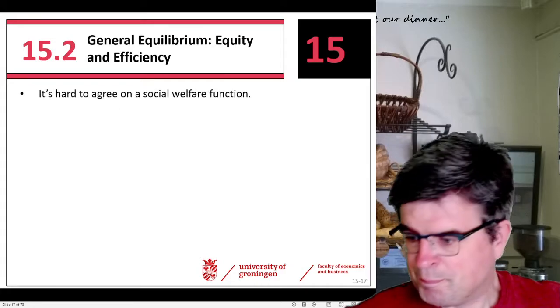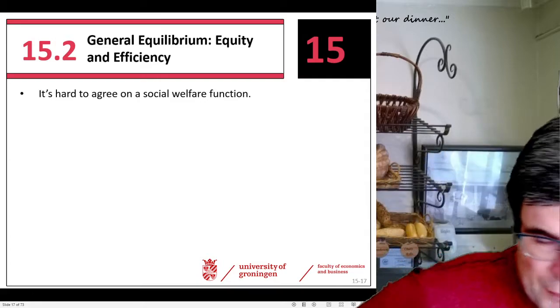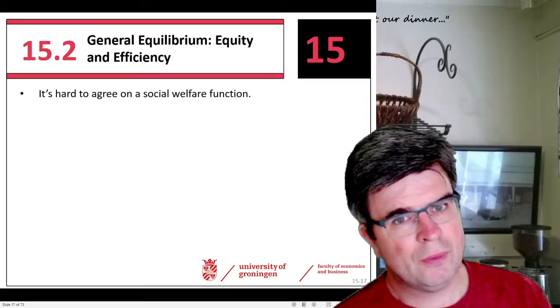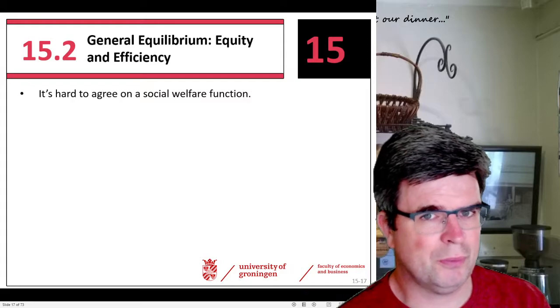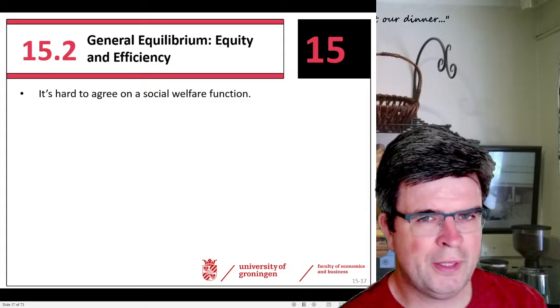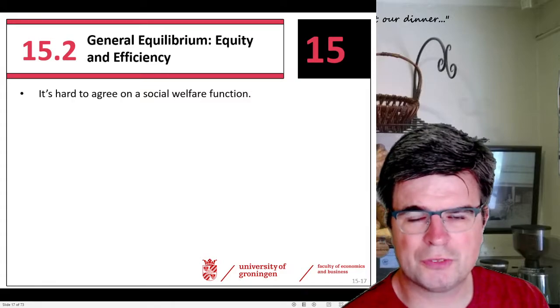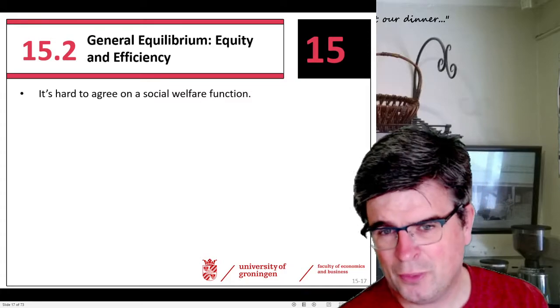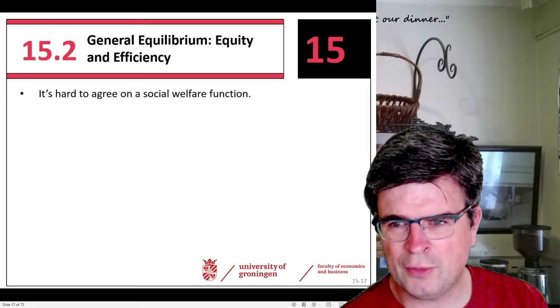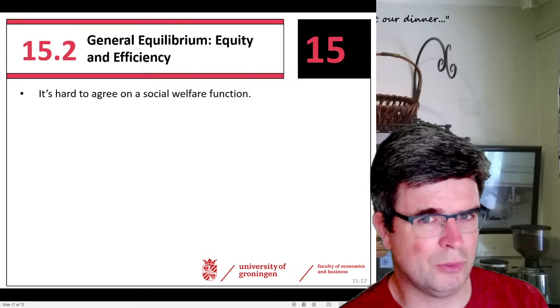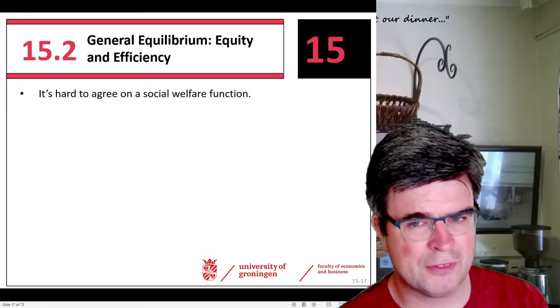So, it's very hard to agree on a social welfare function. That makes it a matter of ongoing debate, which is also what philosophers like a lot. So it's really hard to reach a final conclusion. Which social welfare function is best?